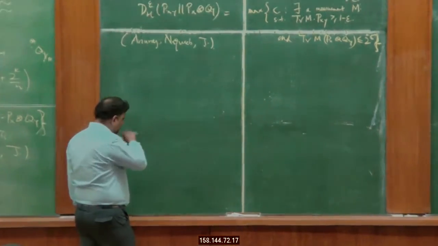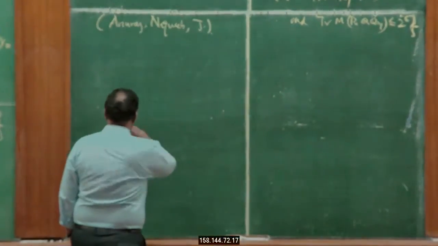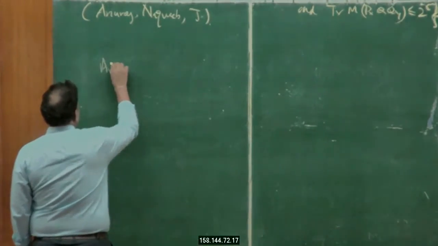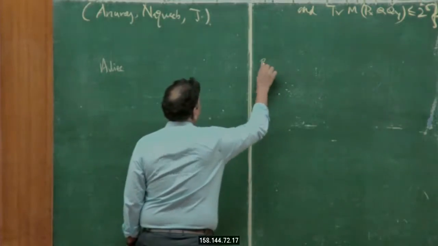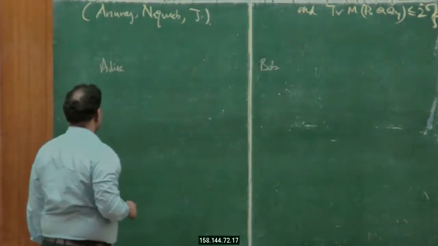So what do we do? In the point-to-point channel, we have two parties, Alice and Bob, right?